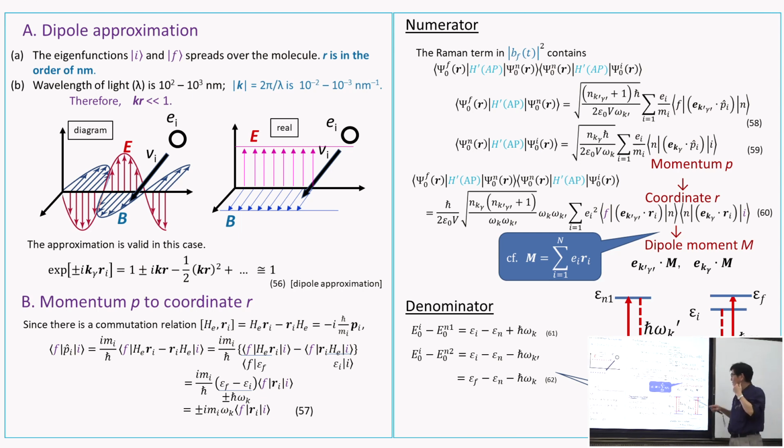Then E_f is a scalar quantity, so it comes outside of the integral, and r remains. So these two terms are summed up into this term, and E_f minus E_i is picked up. You know that E_f minus E_i is the energy difference between the initial and final state.